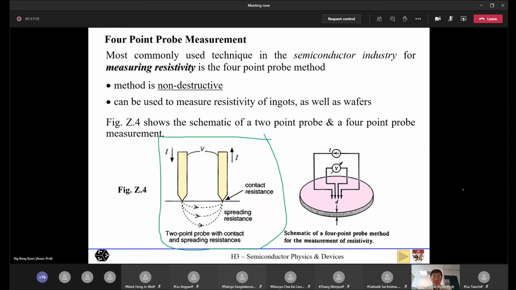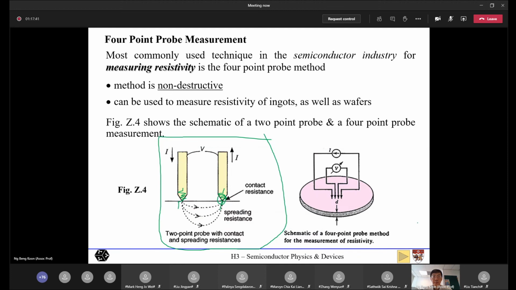The first is what we call a contact resistance, which is the point where you make contact with the surface. If there's some imperfection, then you get some resistive effect at that point as well. So that's one resistance component that will creep into your measurement.